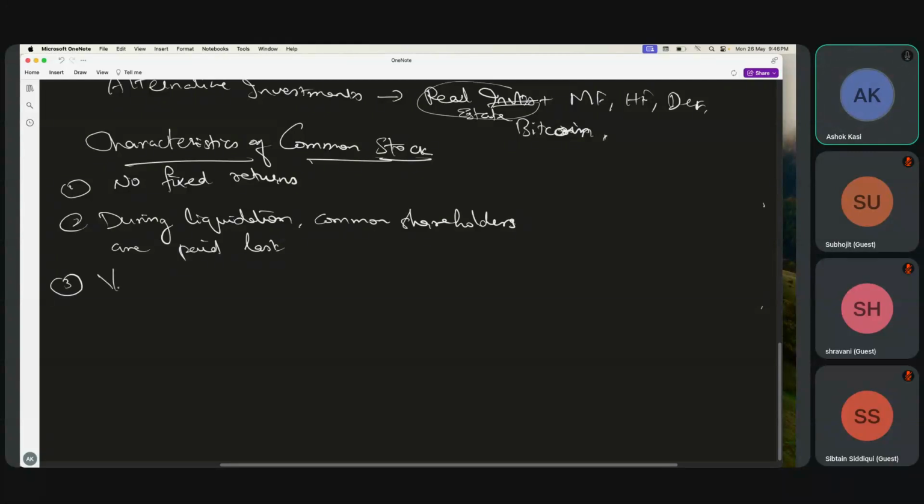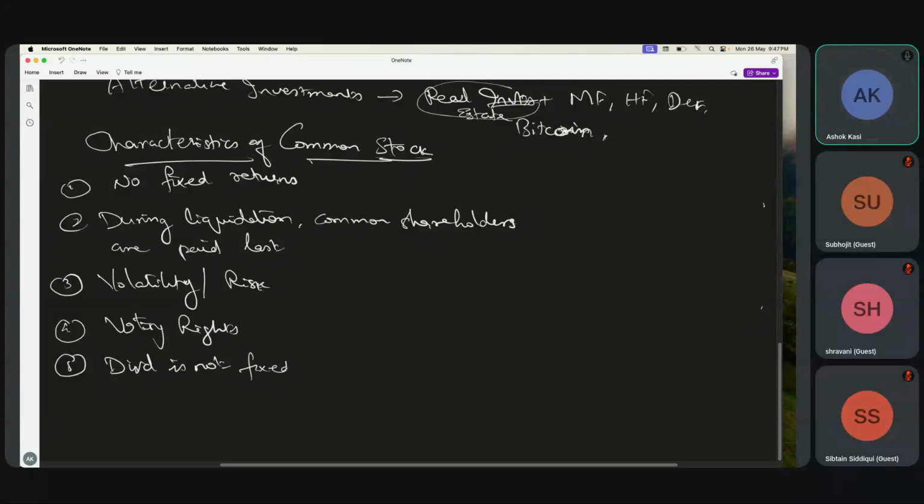Then volatility, risk. Correct. You are taking risk. You are getting exposure to volatility when you are buying common stock. Then you get voting rights. Dividend is not fixed. You may get dividend, you may not.